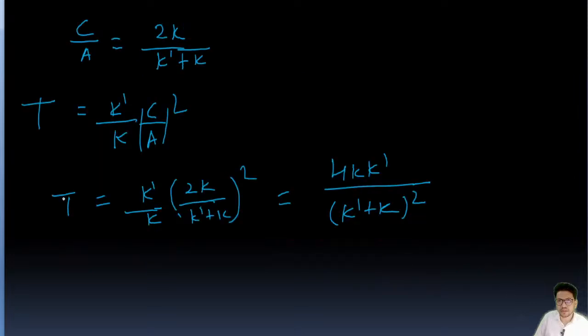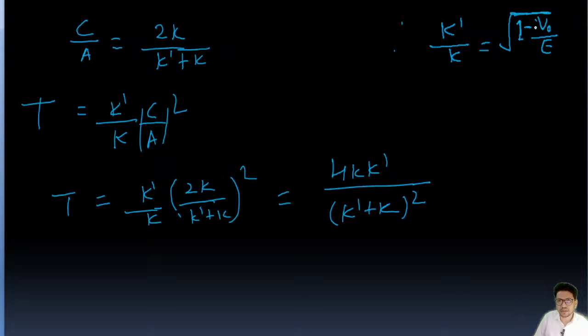Also you need to note that the value of K dash upon K is root of 1 minus V naught upon E, where E is greater than V naught.